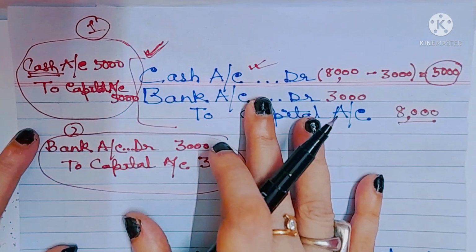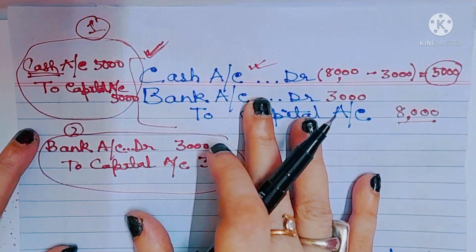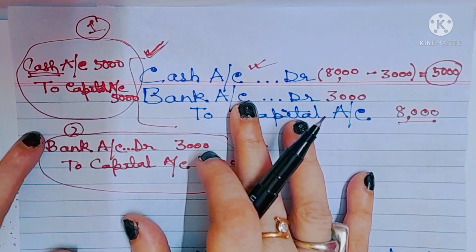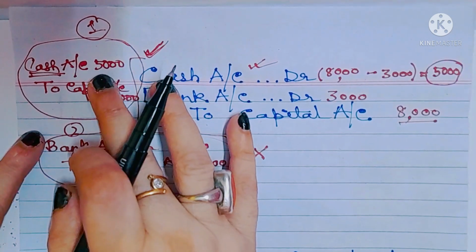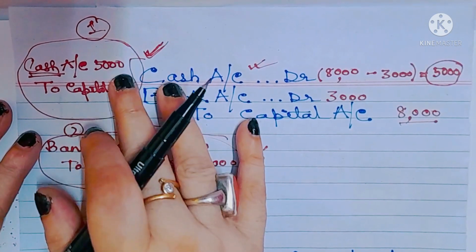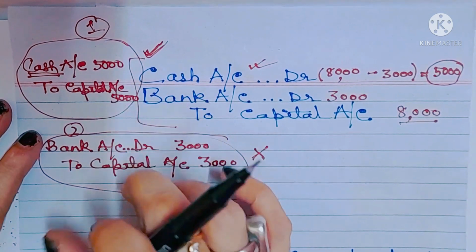I have already told you, in order to record in a single column cash book, cash account should be either on the debit side or on the credit side. Otherwise, we can't record the journal entry.